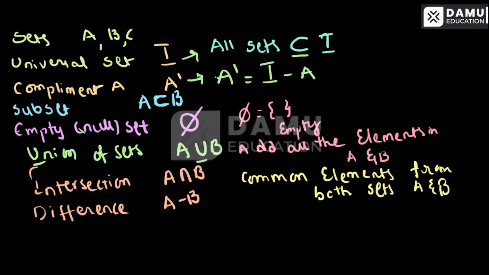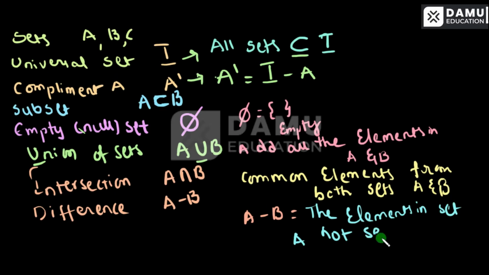Then A minus B is the elements in set A not in set B. The elements which are presented in set A should not be present in B. That is the meaning of minus, subtraction.